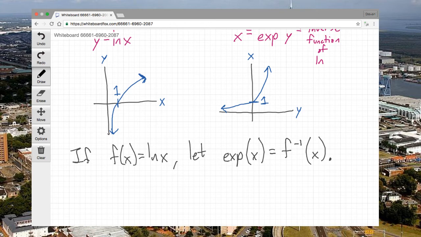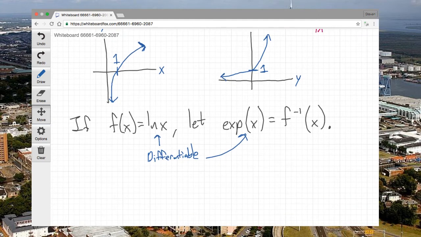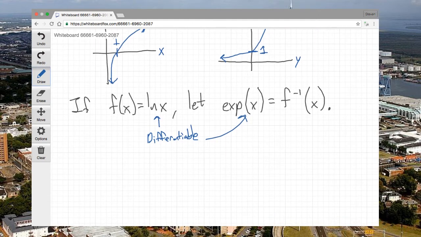And one of the things we probably mentioned real quickly in Calculus 1 is that the inverse of a differentiable function is also differentiable. Since this is differentiable, and that makes sense because there's no corners on it, right? So is its inverse function, exp. So what can that do for us? Well, I want to prove that this function exp of x is its own derivative, because I'm going to eventually say that this is the same thing as e to the x.